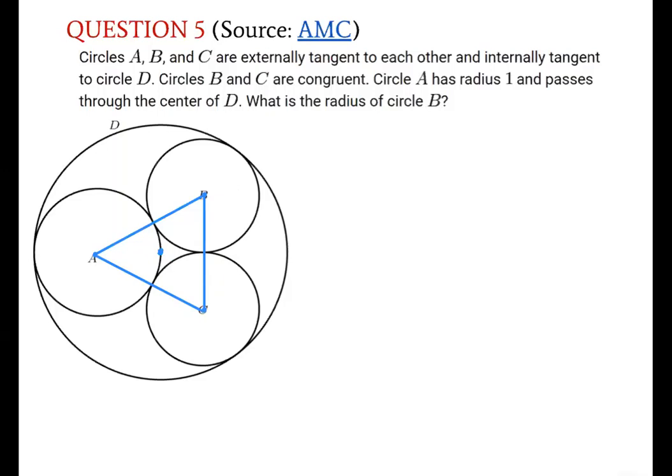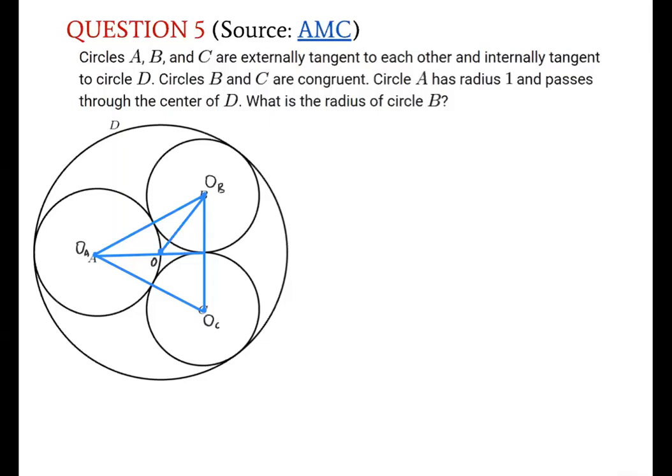I'm also going to draw a line through the center of D, and we're going to draw another line connecting B with the center of D. Okay, so now let's call the center of circle A OA. Let's call the center of circle B OB. This will be OC.